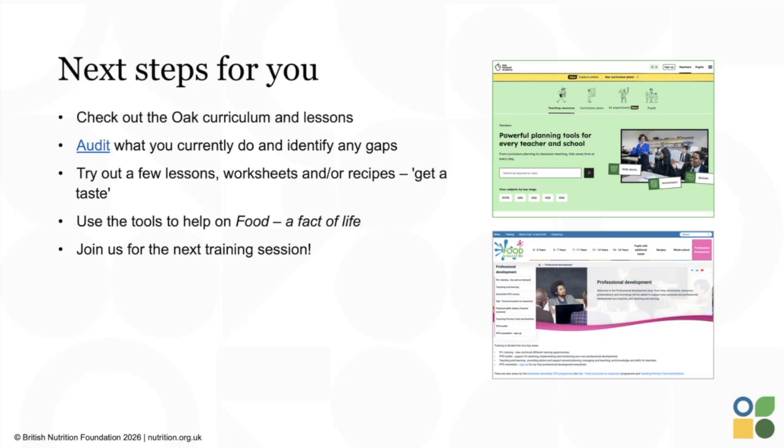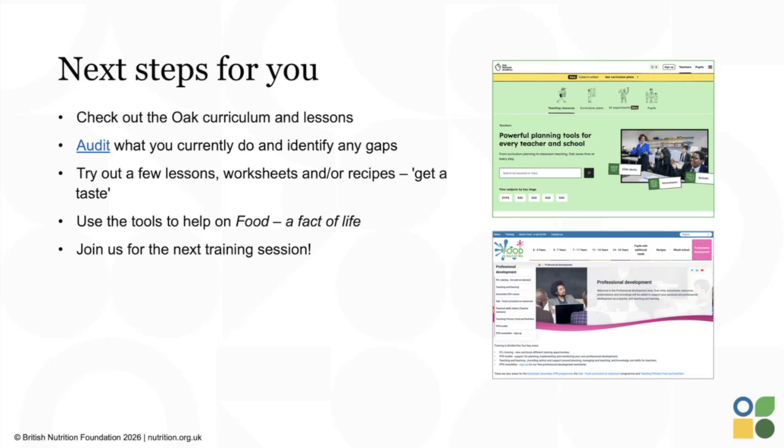Audit what you currently do and identify any gaps. Roy's talked through the different resources that are available for that. Try out a few lessons, worksheets and or recipes and get a taste. We haven't really covered recipes tonight, the Oak recipes, but there are some fantastic ones there for you to try and use with your pupils.